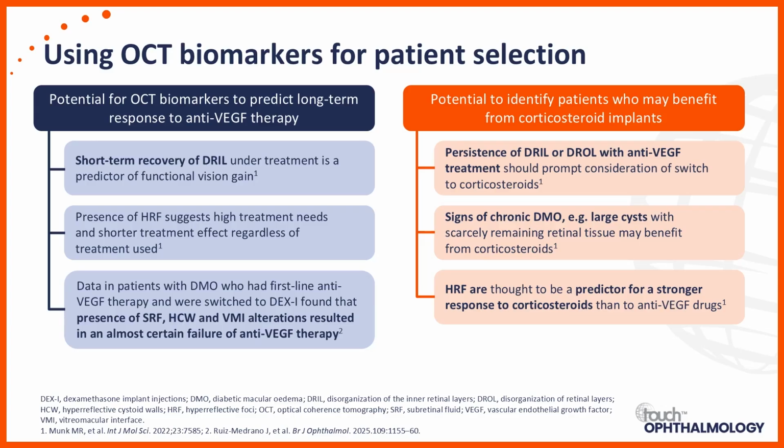If we have very large cysts in the retina, maybe the sign of the chronicity and that these patients may better respond to the steroid treatment than to the anti-VEGF. Also, the presence of more than one parameter in the retina, such as the subfoveal retinal fluid, the hyperreflectivity of the cystoid walls, and also the vitreomacular interface alterations, were also parameters that could certainly indicate the failure of anti-VEGF treatment.